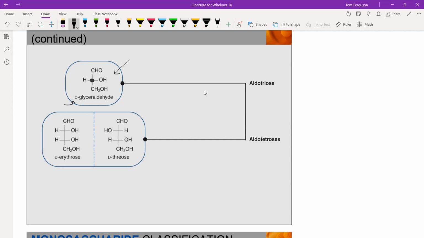In this case, the chiral carbon farthest from the aldehyde is this one here. I've just put a dot on, and its OH group goes to the right, hence it's a D. Here's the farthest chiral carbon from the aldehyde, and they're both going to the right, hence they're both Ds.